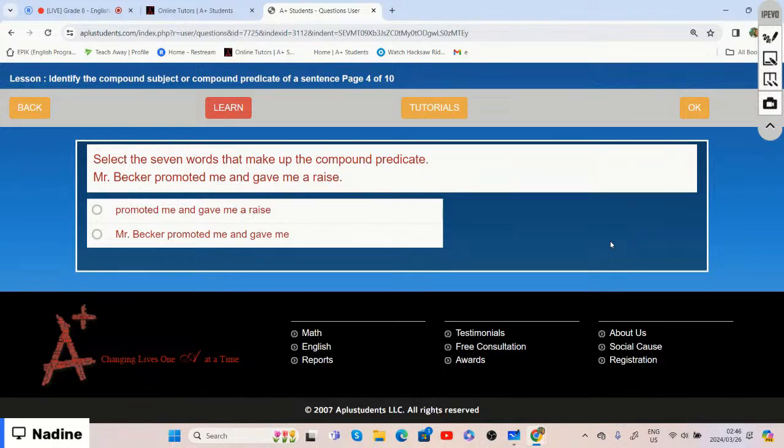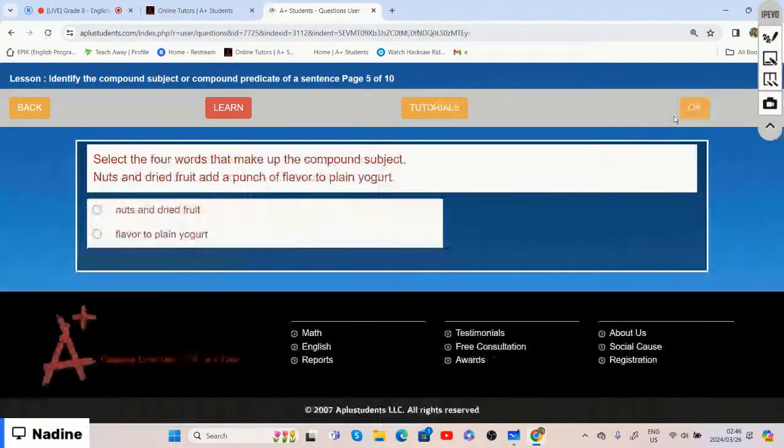When we select the 7 words, we can say promoted me and gave me a raise. The conjunction and joins those predicates, promoted and gave. But instead of just saying promoted and gave, it is promoted me and gave me a raise. So that is our 7 words that make up a compound predicate.